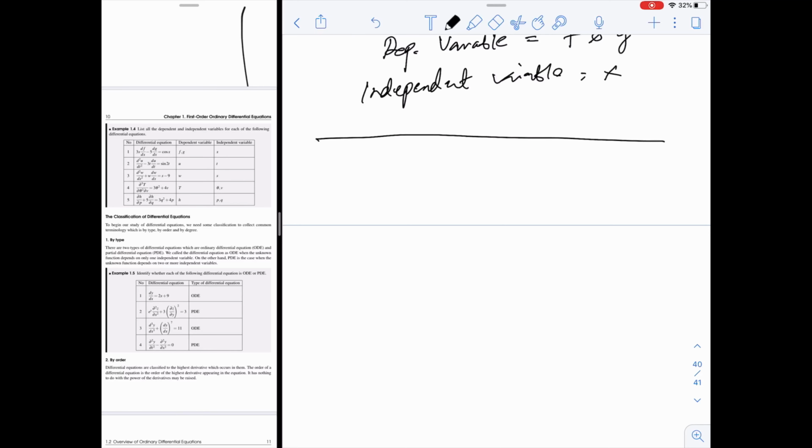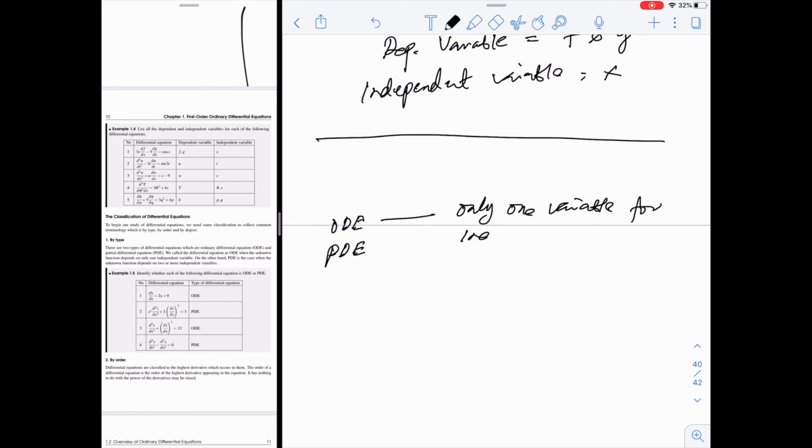Okay, so how do you know whether it is a PDE or an ODE? It's actually an ODE when we have only one independent variable.